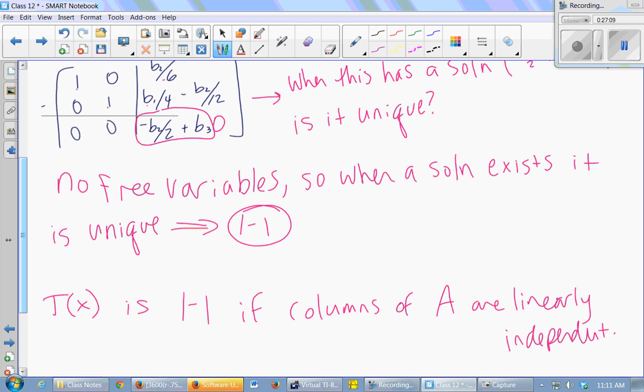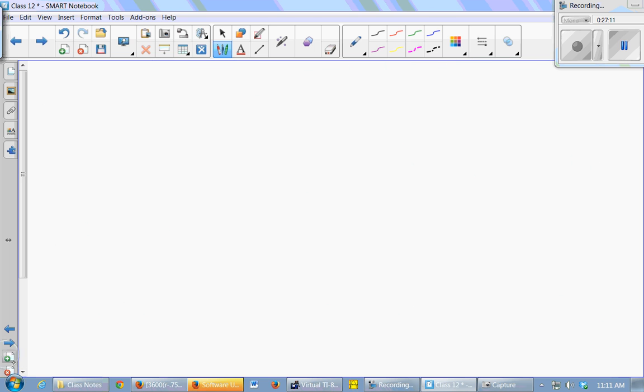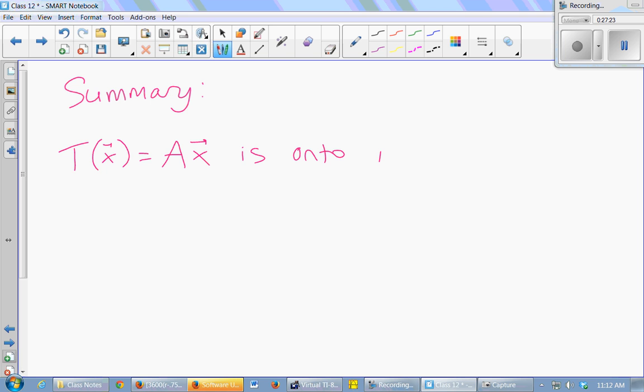All right, can I write a little summary for you? T of X equals AX is onto if A has a pivot in every row. Because that tells you that AX equals B has a solution for every B. Okay.